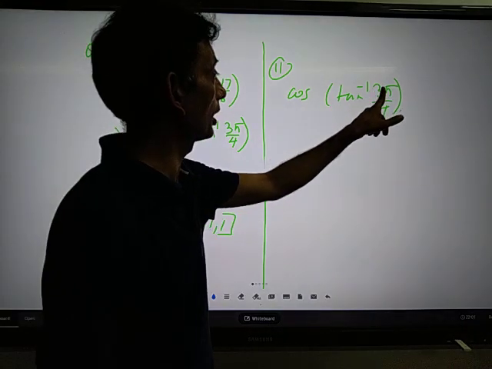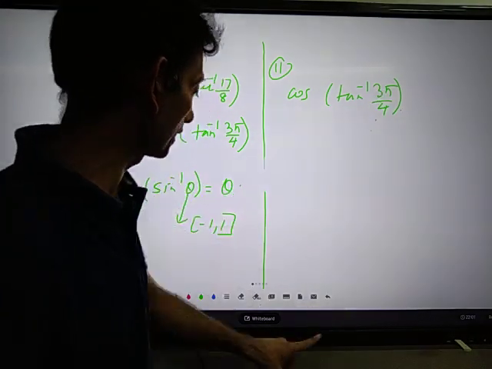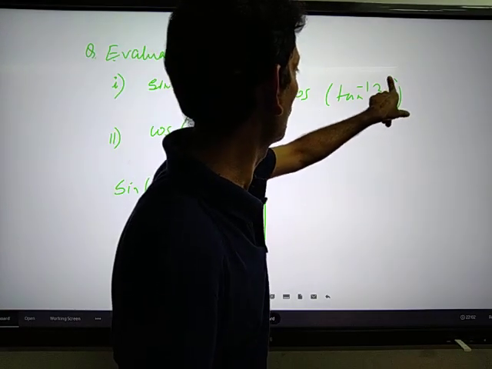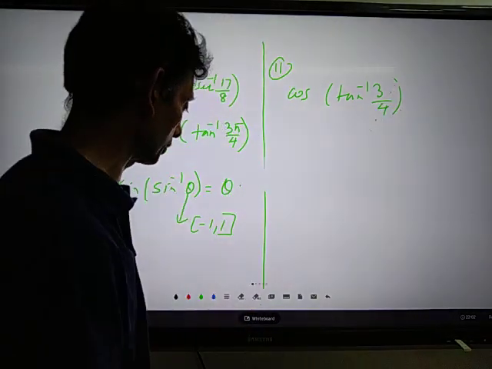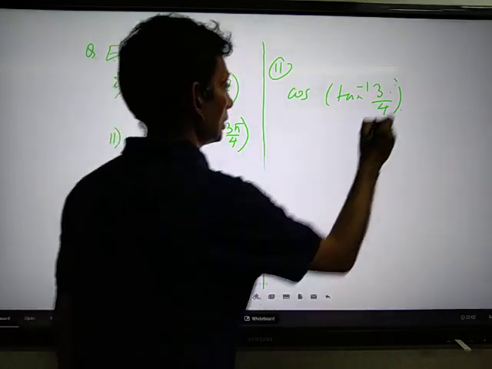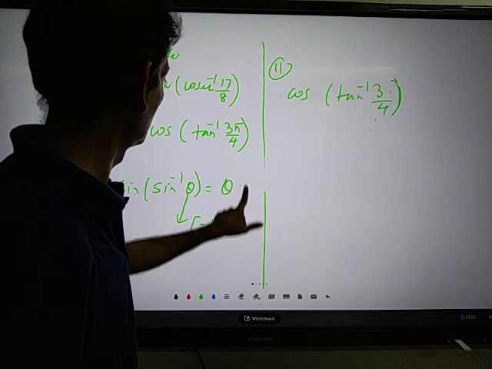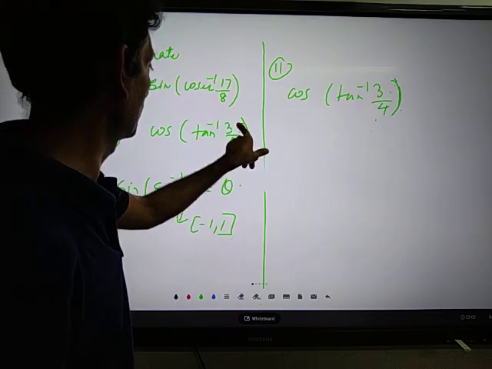Actually, this should be tan inverse 3 by 4. It should not be pi. In fact, it should be 3 by 4, not 3 pi by 4.